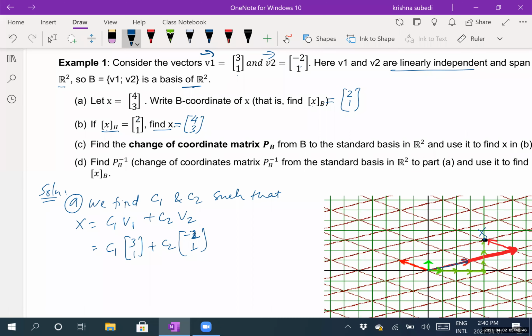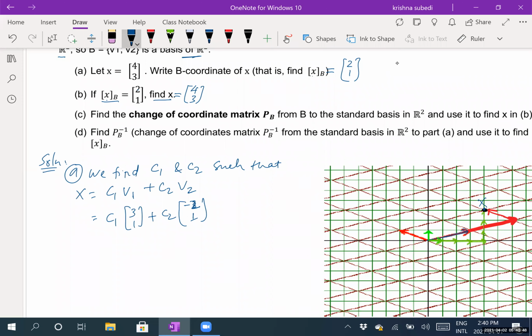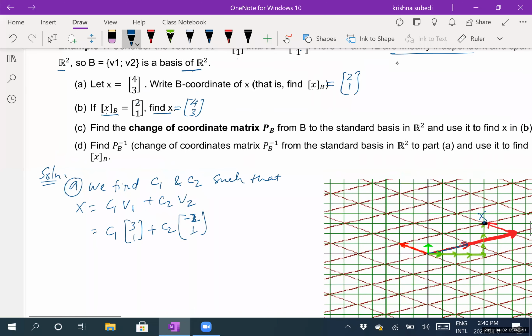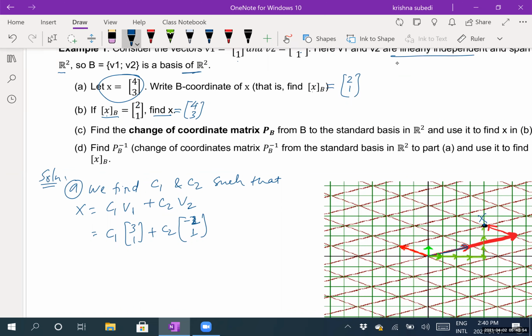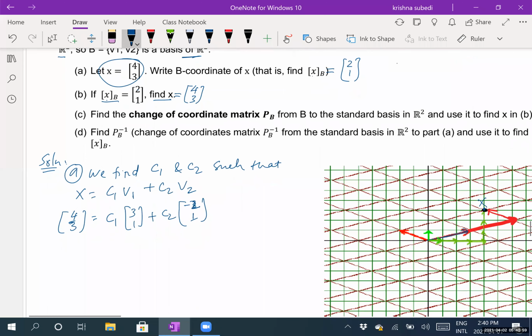And what is given in part A is that x is given. So that means x is 4 and 3. I can write that like this: 4, 3 equals 3c1 minus 2c2, 1c1 plus 1c2.